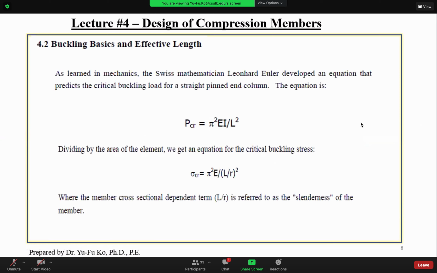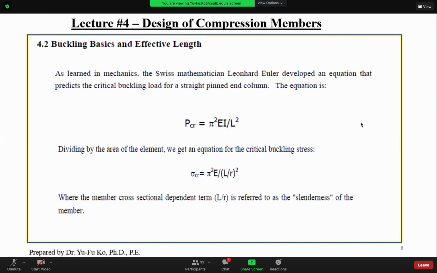So the buckling load, based on his equation, is critical load equal to pi squared EI divided by L squared. Then if you divide by the area of the element, that's where you come up with the critical buckling stress. Sigma critical is equal to pi squared E divided by (L over r) squared.